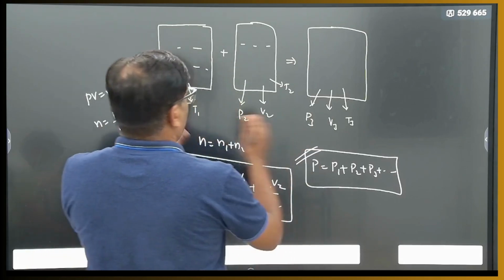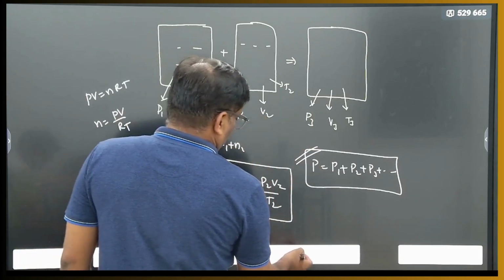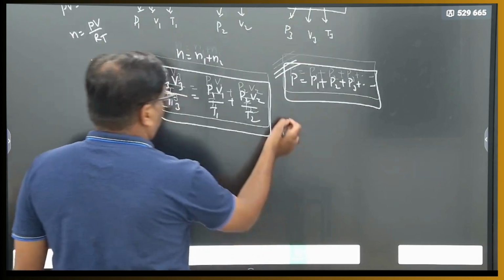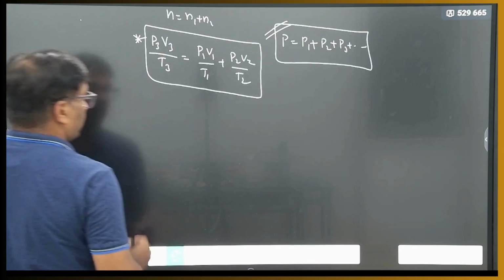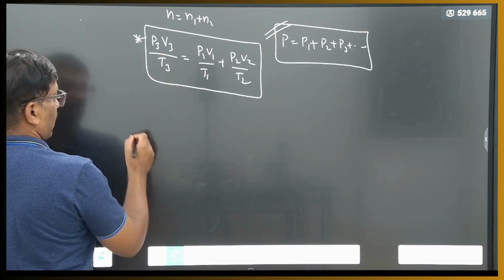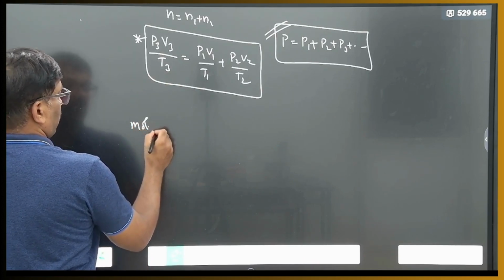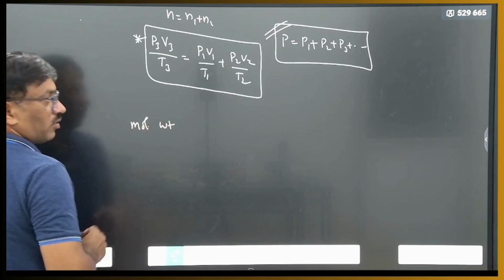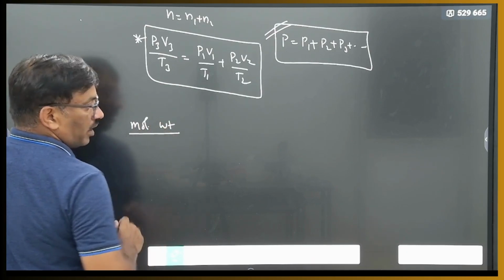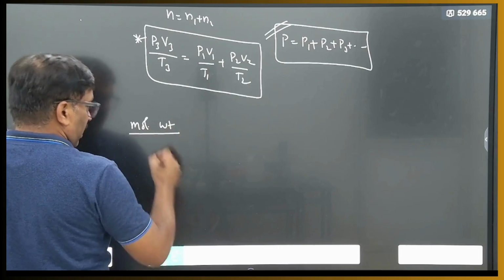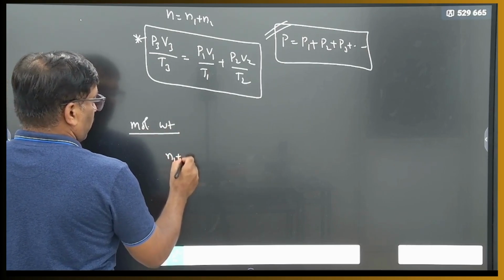So, suppose they are mixing with some mass, therefore we can calculate the molecular weight of the combined gas. So, what is the molecular weight now? Number of moles of the combined gas is N1 plus N2.